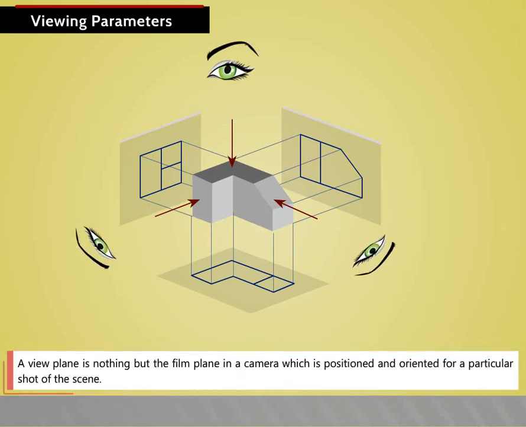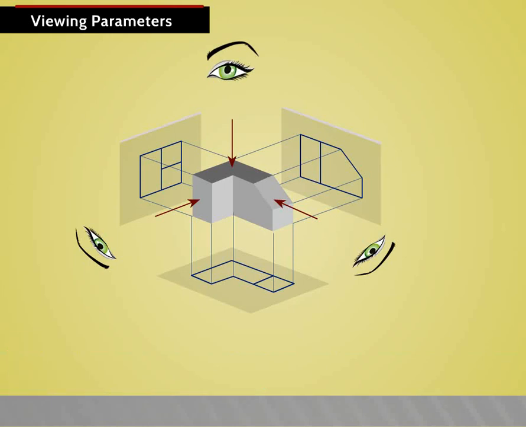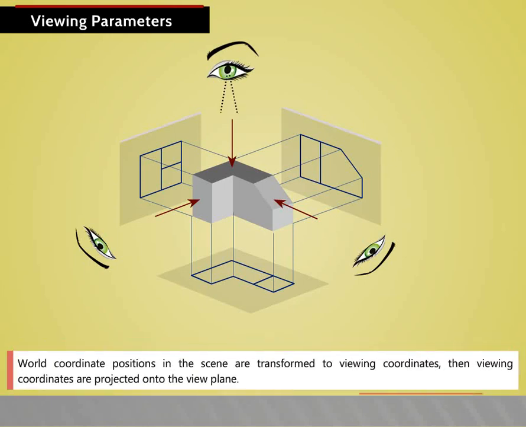A view plane is nothing but the film plane in a camera which is positioned and oriented for a particular shot of the scene. World coordinate positions in the scene are transformed to viewing coordinates, then viewing coordinates are projected onto the view plane.